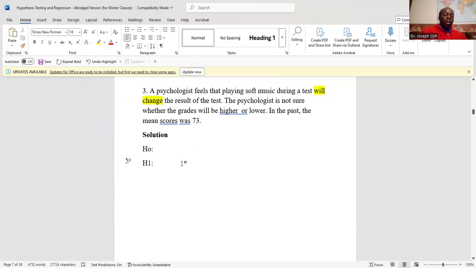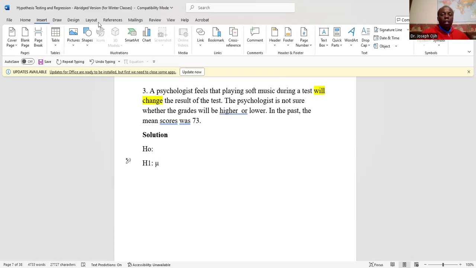So you have mean will change, and that means not equal to 73. The opposite should be that the mean is equal to 73. So H1 represents change. That means H1 is where we have the claim.